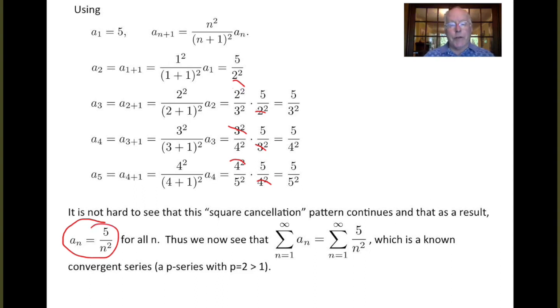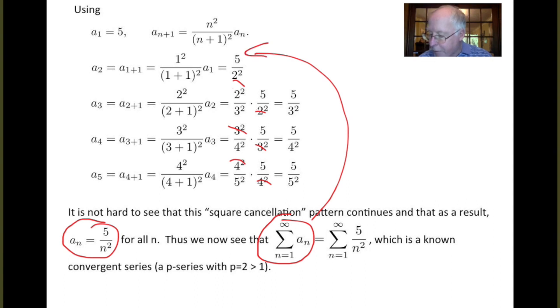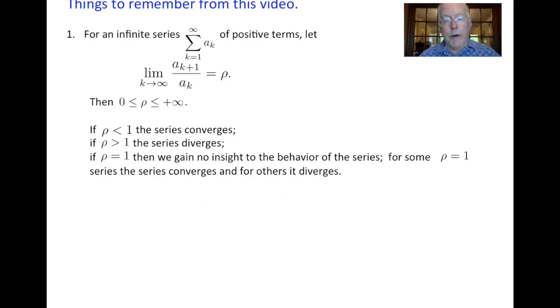So that tells us, evidently, that this mysterious series, summation a sub n, where the a sub n's are generated this way, is really just a tricky way of writing summation n equals 1 to infinity of 5 over n squared. And that is known to converge. It's a convergent p-series with p equals 2, bigger than 1. So here's an example of how, if we use the ratio test and that ratio rho turns out to be 1, we might have to go on and look at another test.